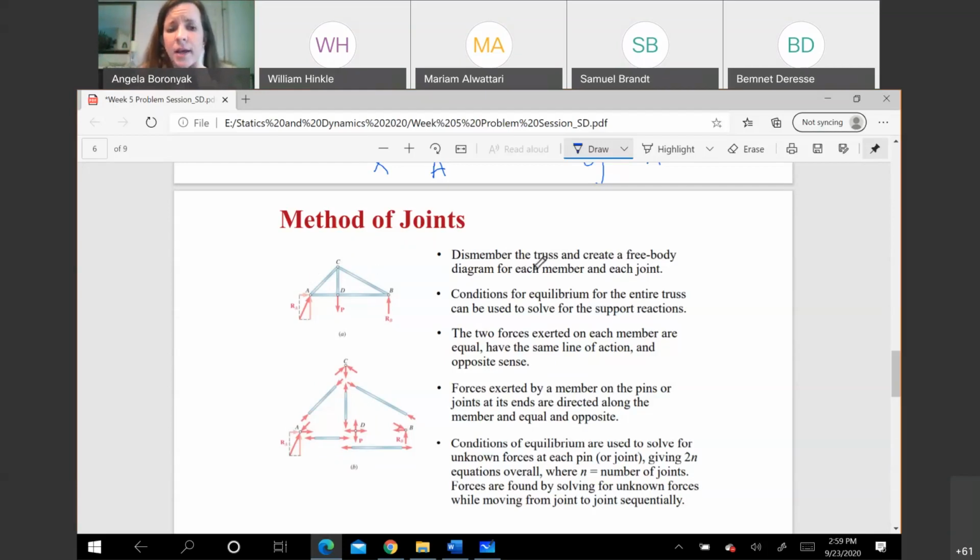How can I analyze these trusses? One method is called the method of joints. To do the method of joints, I didn't actually write it in here, but it's in the key. The first part is to analyze the whole structure together.